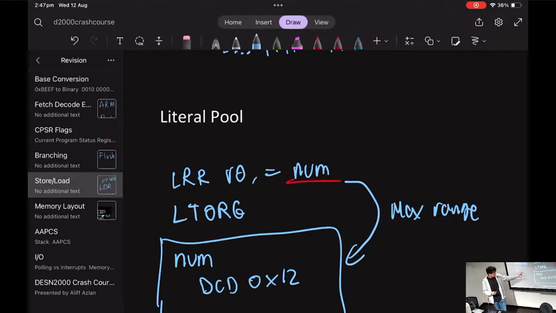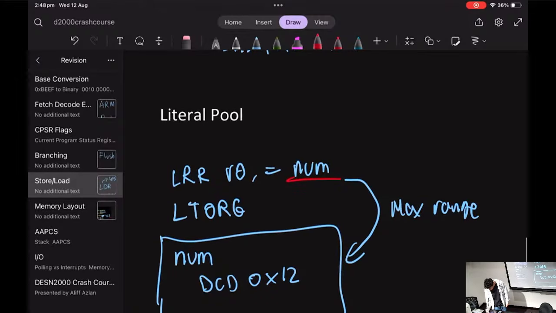So if by default you put it at the end and you have a massive program, well, your instructions aren't going to be able to reach that literal pool if it exists outside of the range. So we can use this assembler directive, LTORG, literal pool origin, to tell the assembler to build it here instead of by default at the end.